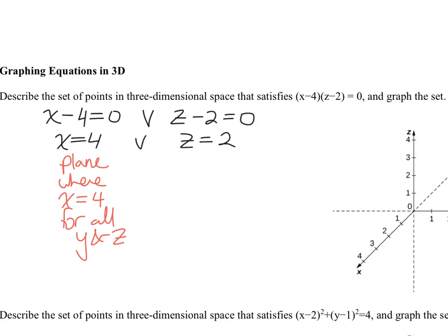Z equals 2 is a plane. I'm going to go blue on that one for those keeping score at home. Where the z value is equal to 2 for all x and y.